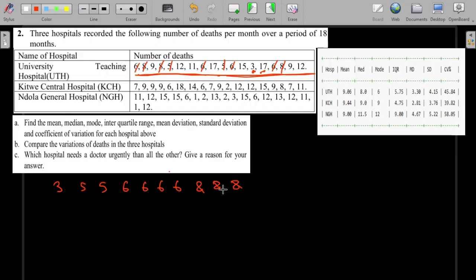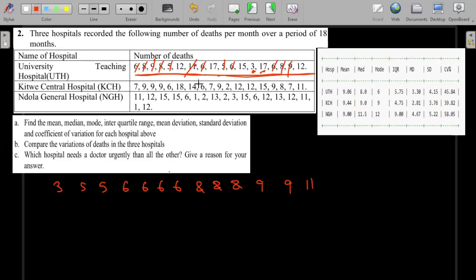Then from there I go to 9. How many 9s do I have? I have 1 and 2, so I'll put 9 and 9. Do I have any 10 here? I can't see any 10, but I can see an 11, and it's only 1, so I'll just put 11 there.